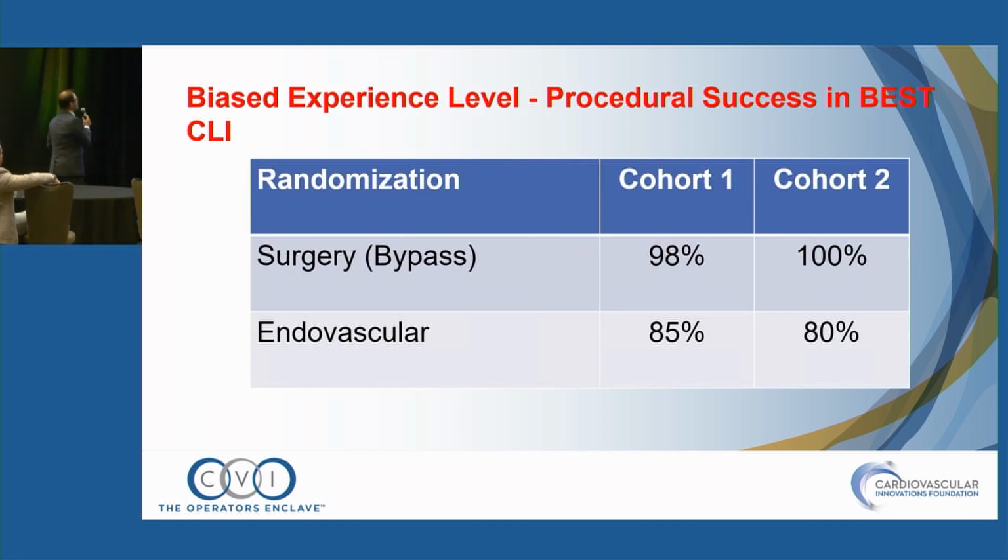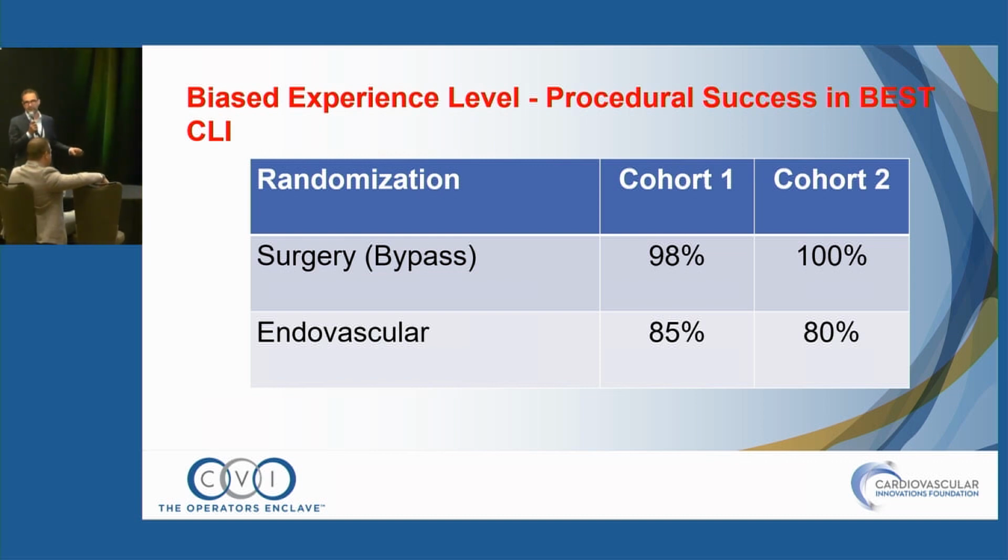The other issue for me was that this biased experience really reflected, in my opinion. And this was very bothersome, because we were able to have success in 98% of the bypass in the surgical cohort in group 1. So surgical bypass was successful in 98% in cohort 1 and 100% in cohort 2. Everybody did perfect.